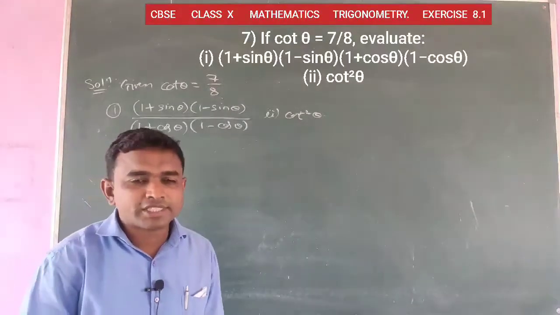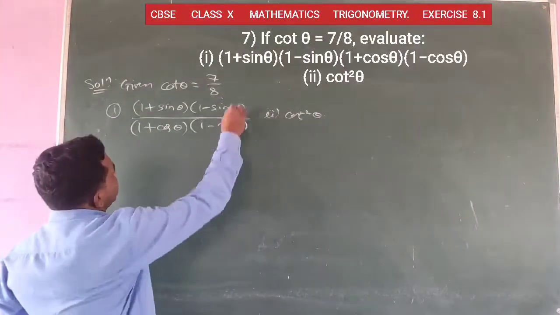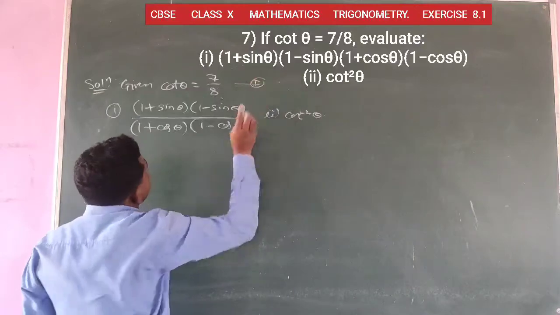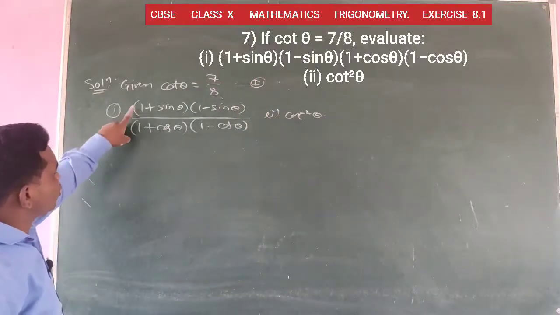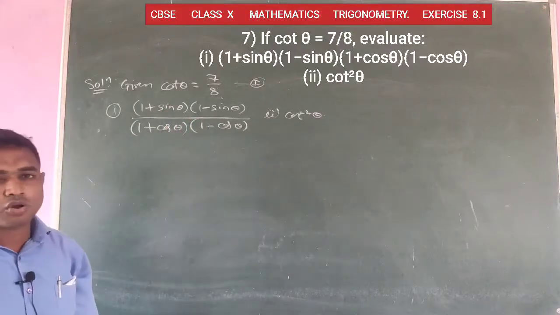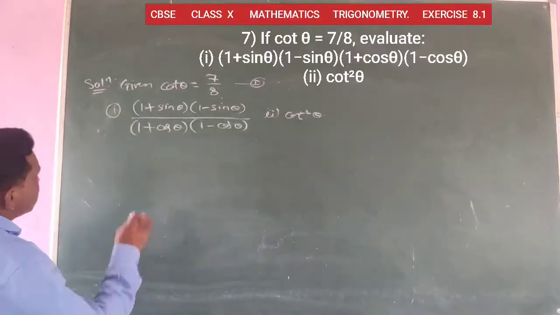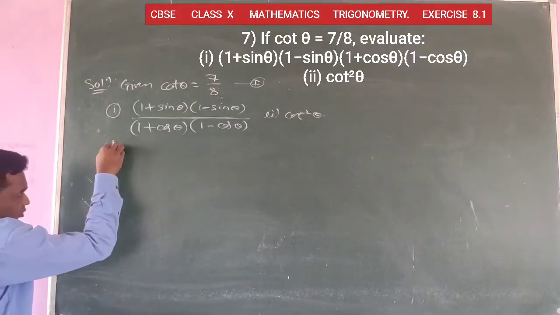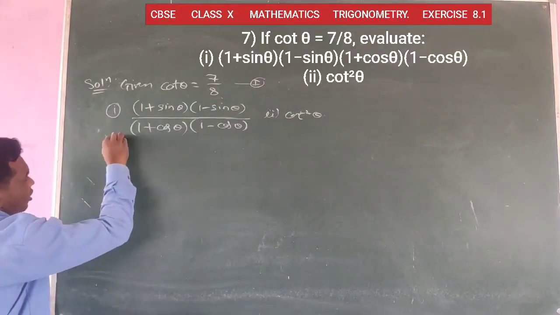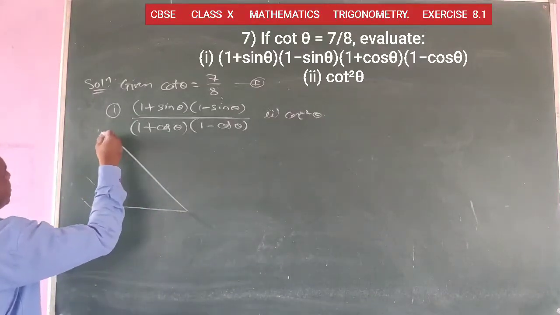In question number 7, the given value is cot theta is equal to 7 upon 8. And we have to find out the values of 1 plus sin theta, 1 minus sin theta, 1 plus cos theta, 1 minus cos theta. Before finding the solution, first we have to draw the right angle triangle and name it.